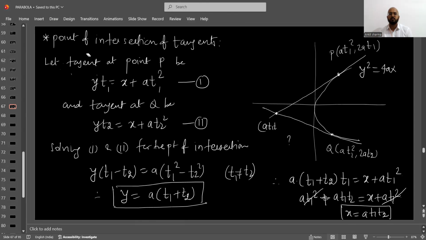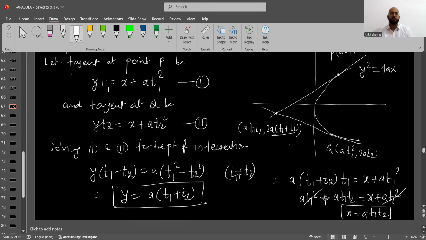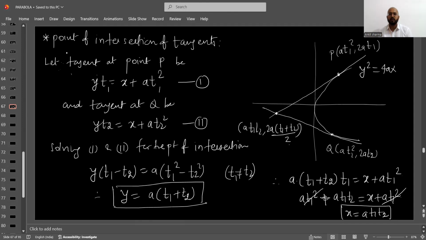I'll rewrite it, it's not really clear. a t1 t2, comma, 2a times t1 plus t2 over 2. Now if I write it down, it is quite obvious if you see carefully.